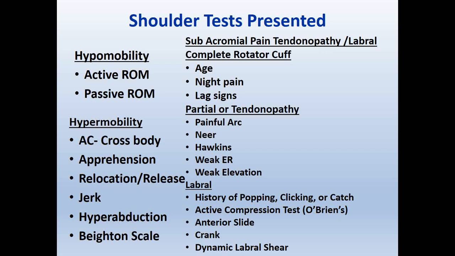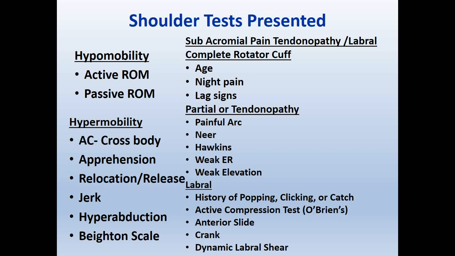And now I'm going to look at rotator cuff pathology, tendinopathy, and labral pathologies. So rotator cuff tears are going to be associated with older individuals, people with night pain, and then have positive lag signs. Those are the most clear-cut indications of a complete rotator cuff tear.